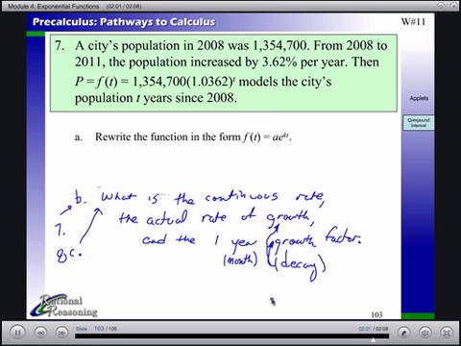The rate is given in this form. What's the form that's given?